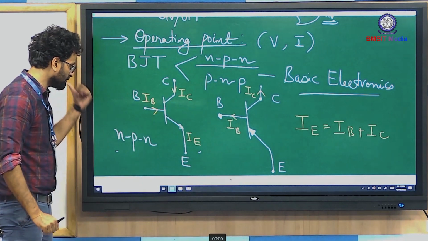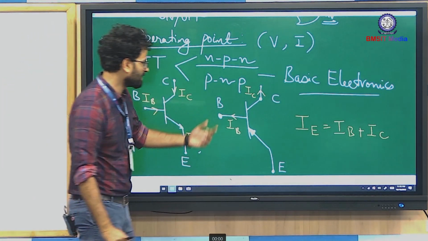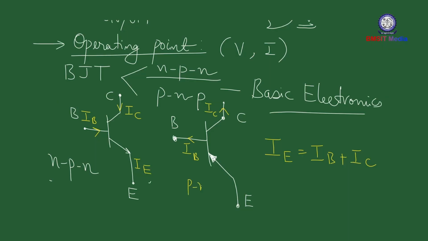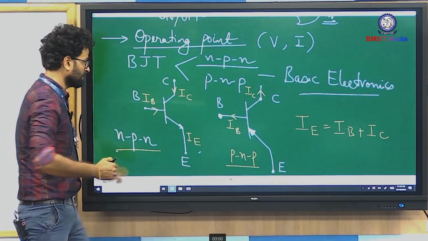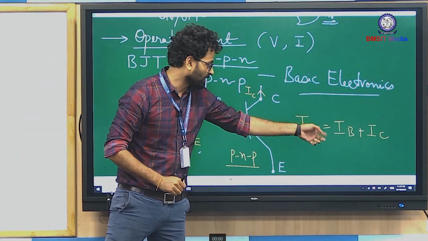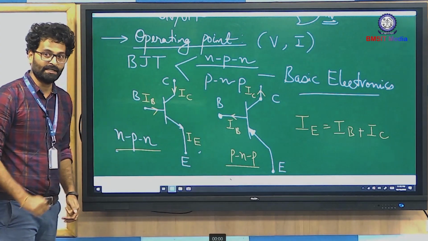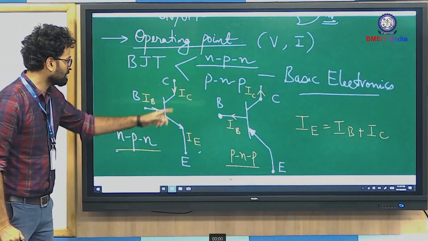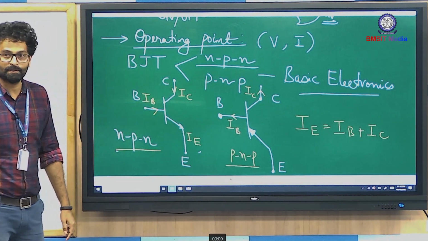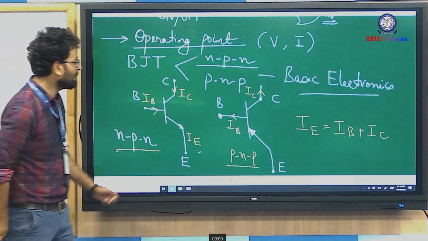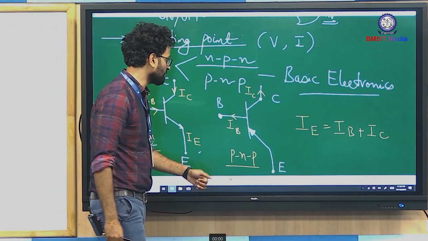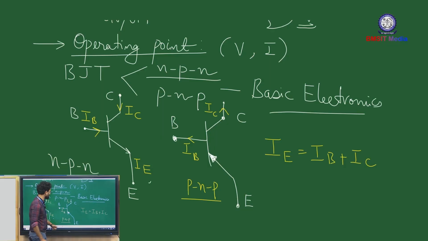So whether it is an NPN transistor or a PNP transistor, you always see that the transistor current equation is unaffected, right? So summation of IC and IB gives IE for NPN, and likewise summation of IB and IC gives emitter current IE.